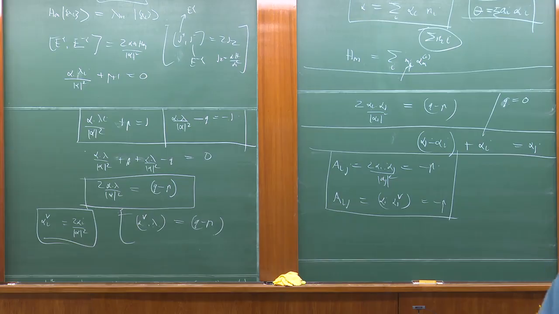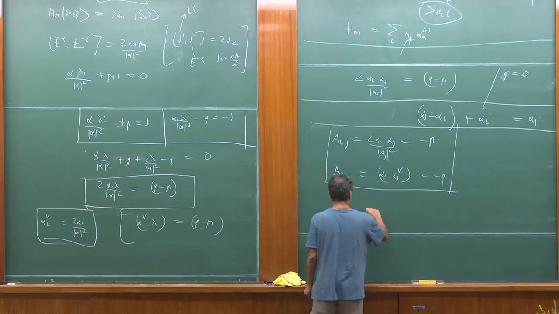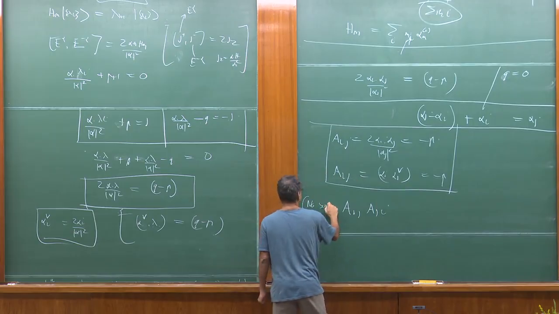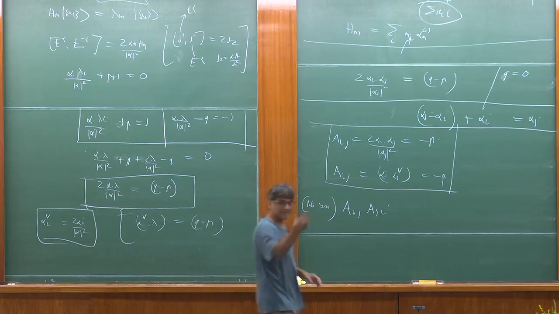Let's see a little bit more about this object. Let's take this A_ij and multiply it by A_ji, no sum. I just take A_ij and multiply it by A_ji.